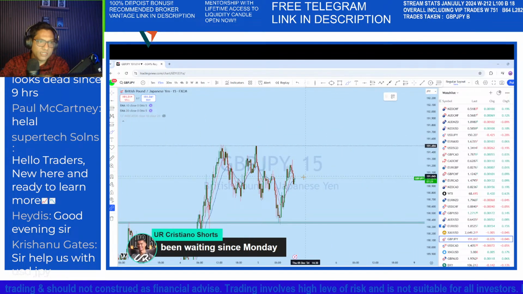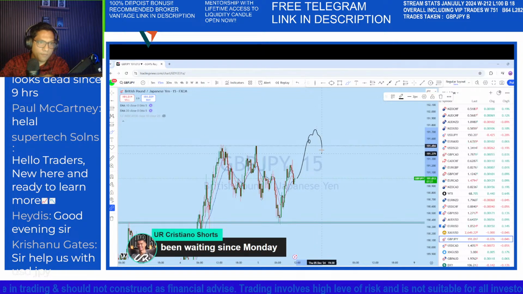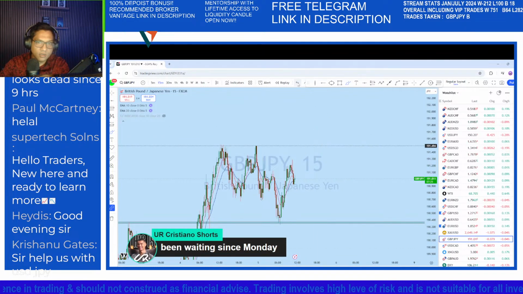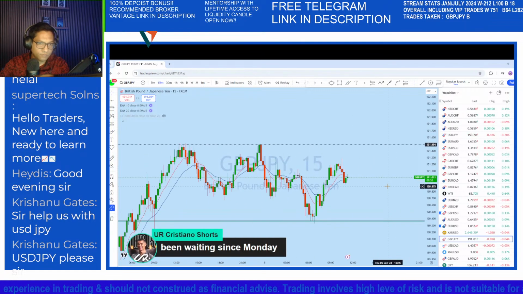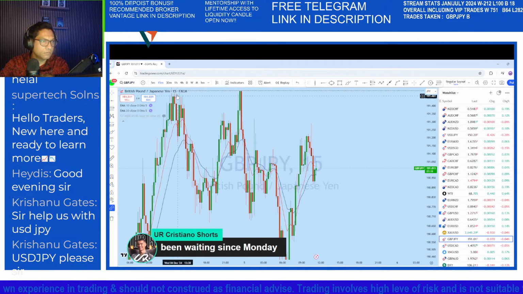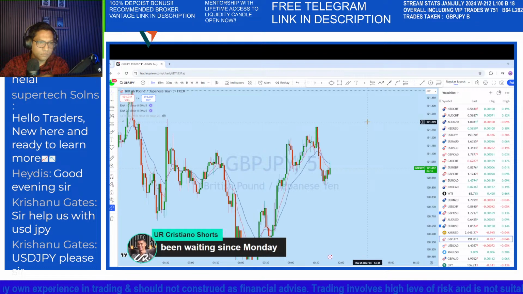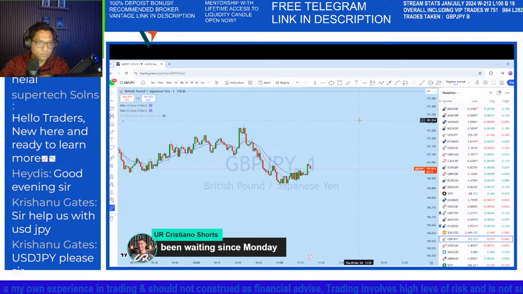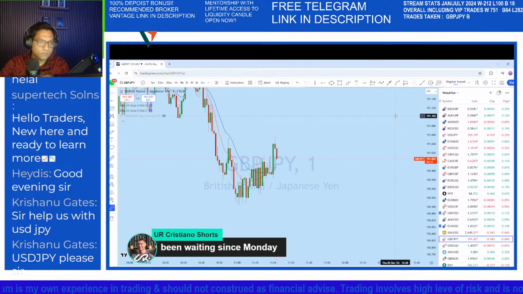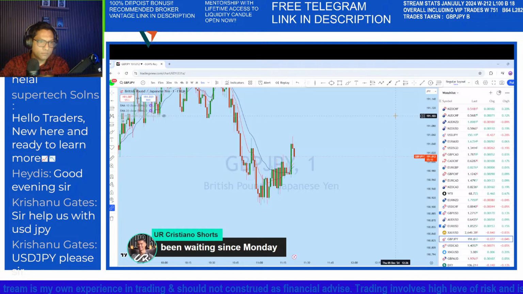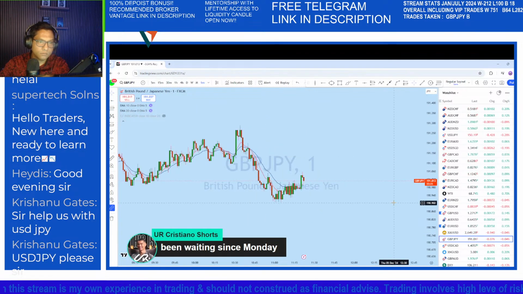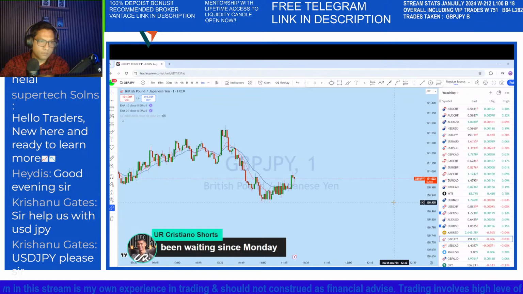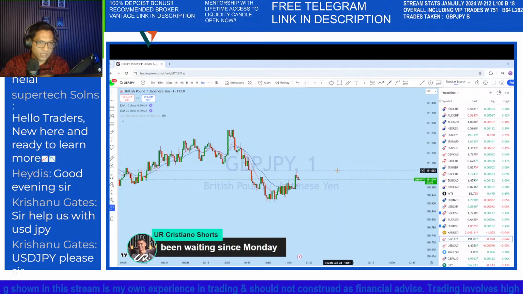If the market hits that level going up, then we might see again another potential downside on GJ.